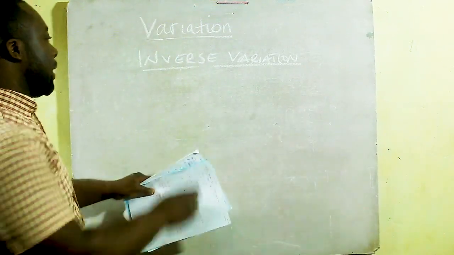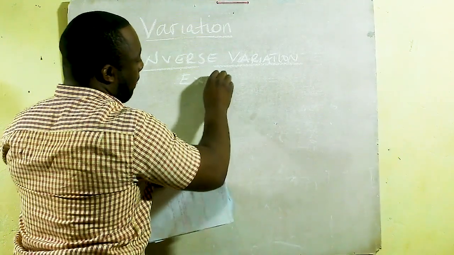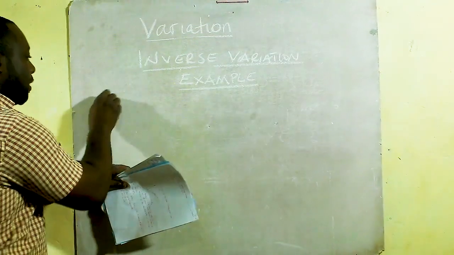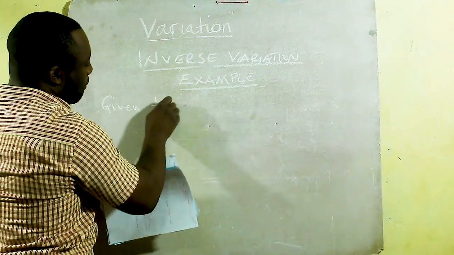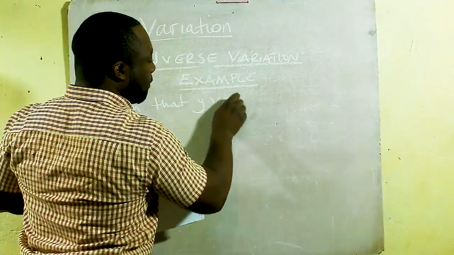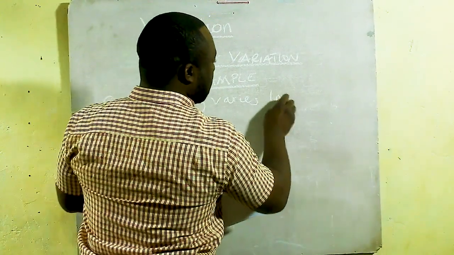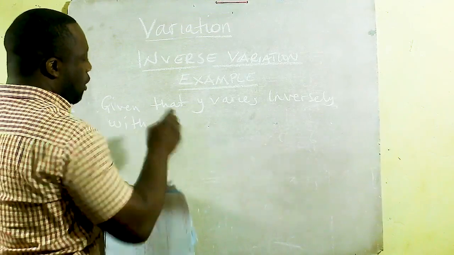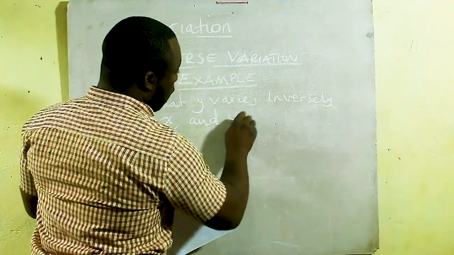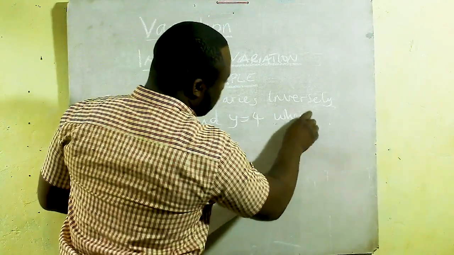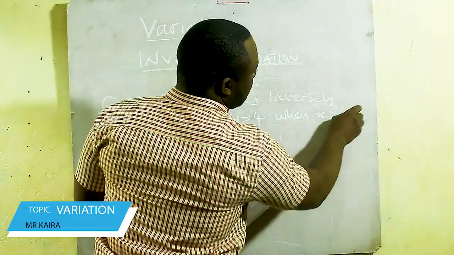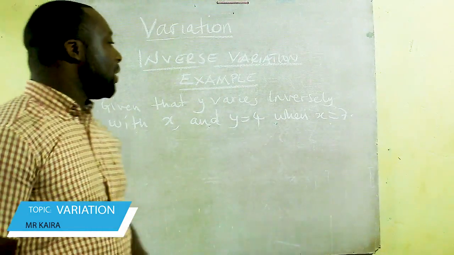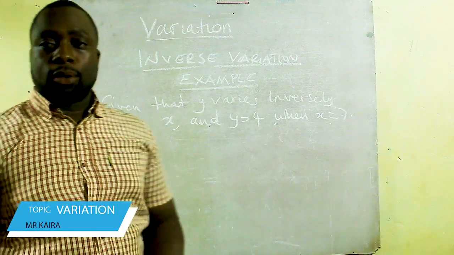Example: given that y varies inversely with x, and y is equal to 4 when x is equal to 7.